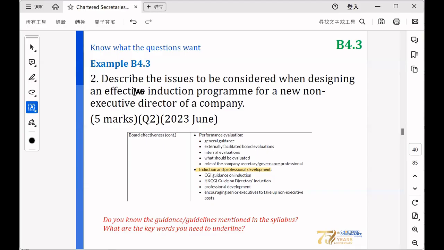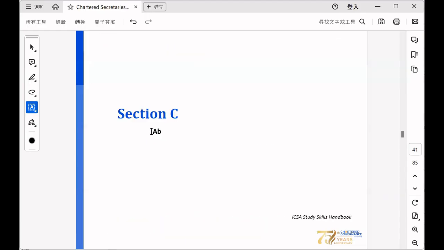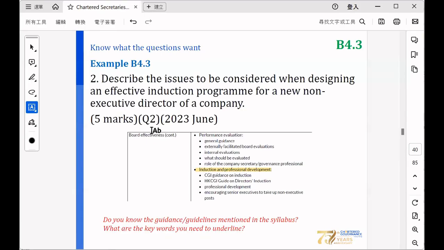Now, there are several things you need to look at for this question. Firstly, it is a new director.